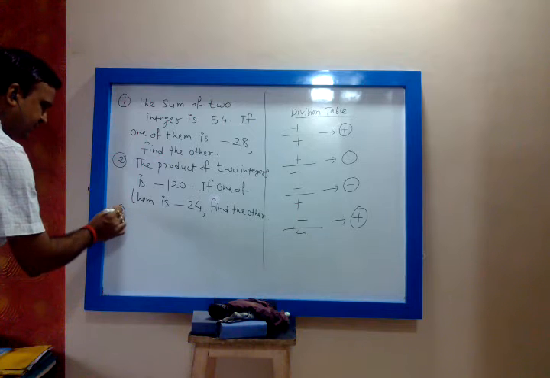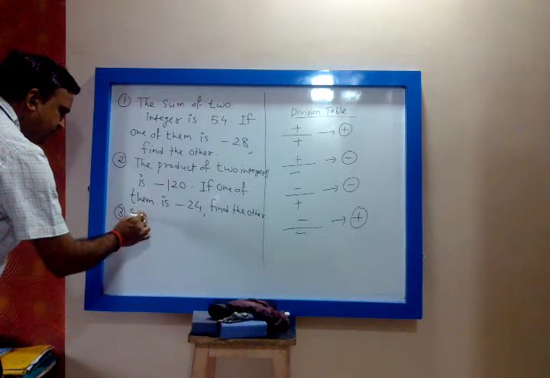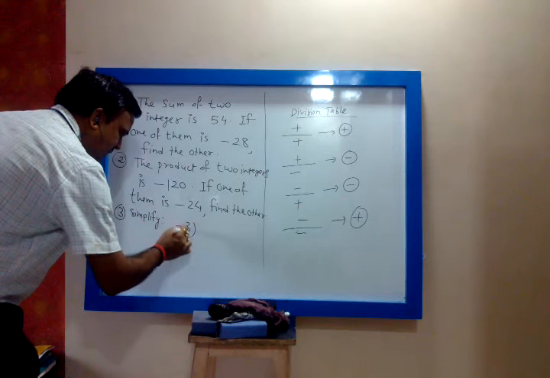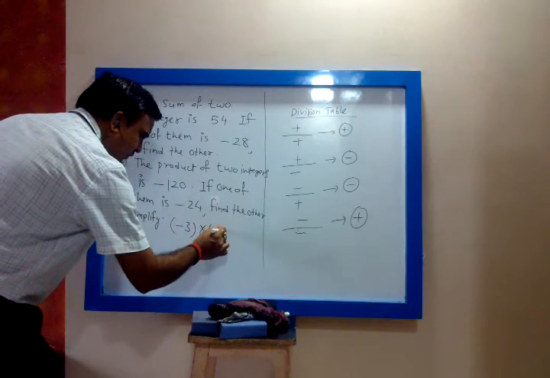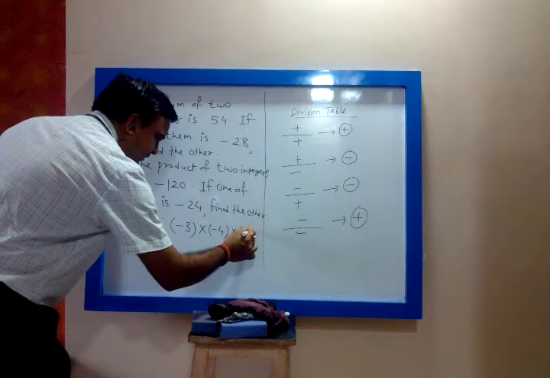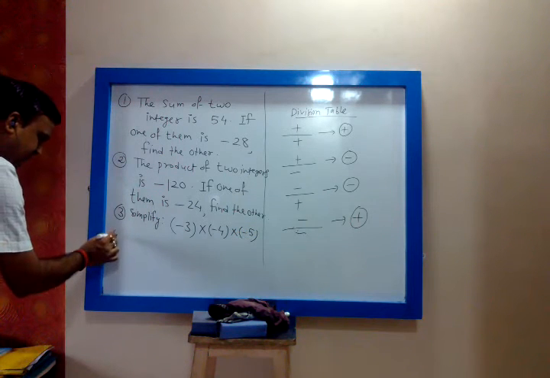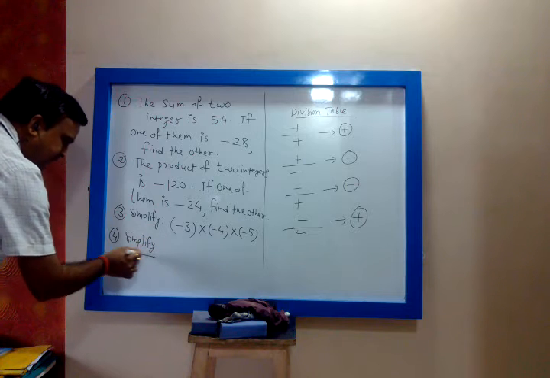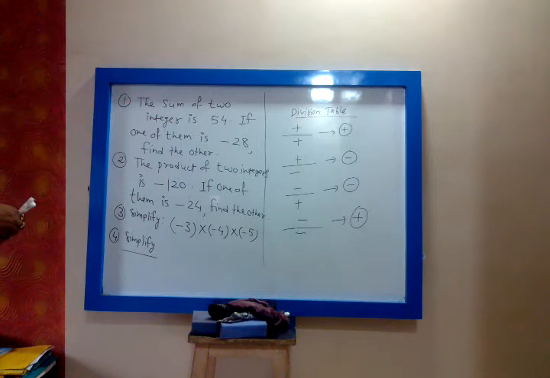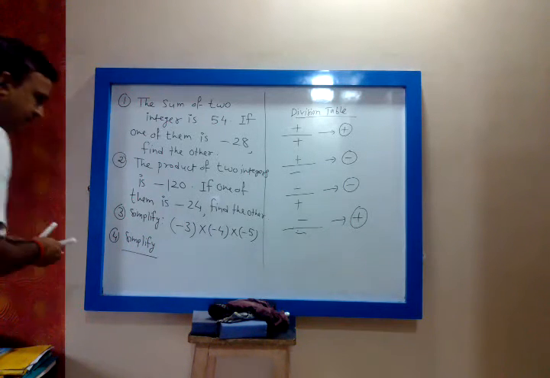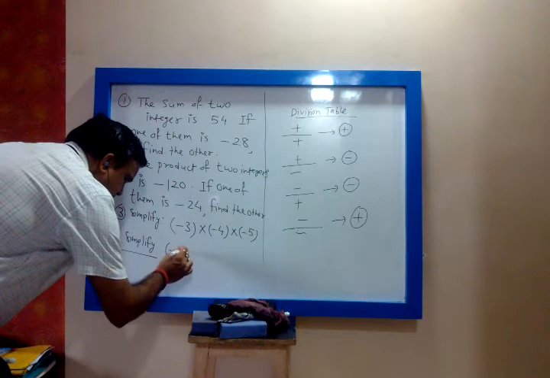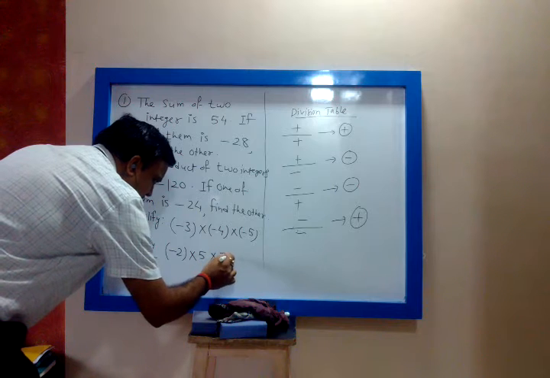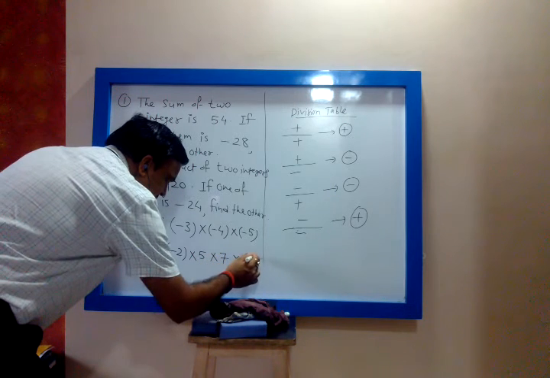Then third, simplify minus 3 into minus 4 into minus 5. Then fourth, simplify minus 2 into 5 into 7 into minus 1.